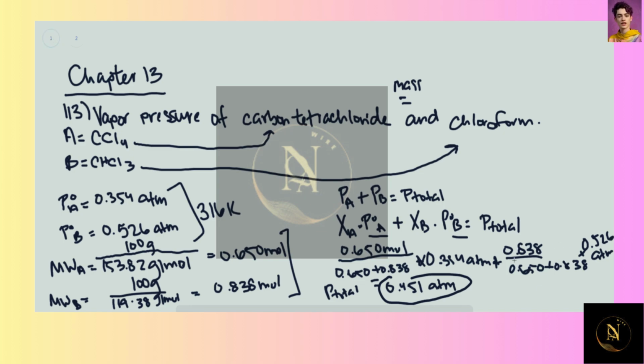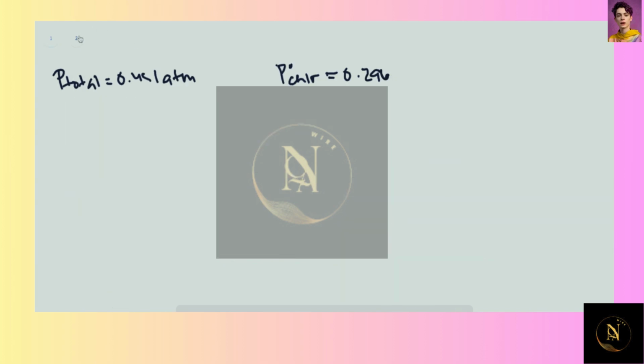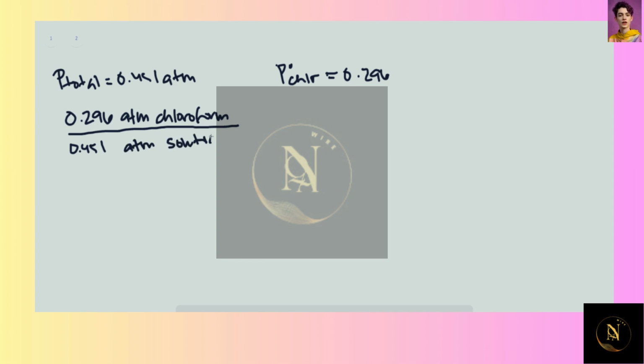If we divide the pressure of the chloroform component by the total pressure of the solution, that gives us the fraction of the vapor that's actually chloroform.